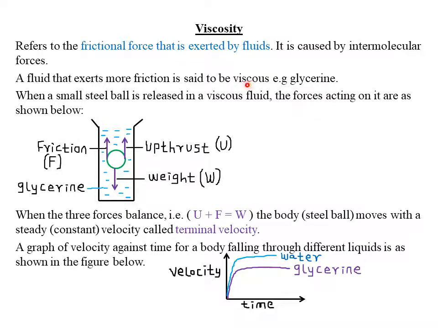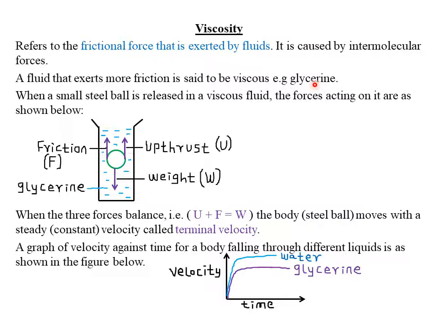Examples of highly viscous fluids are liquids. We have glycerin. Also, we can have other liquids, for example, porridge. Porridge is more viscous than water. That is, if you pour porridge and water on the same surface, then you allow them to flow, you realize that the water will flow over a longer distance, while the porridge or the glycerin will only flow over a short distance.